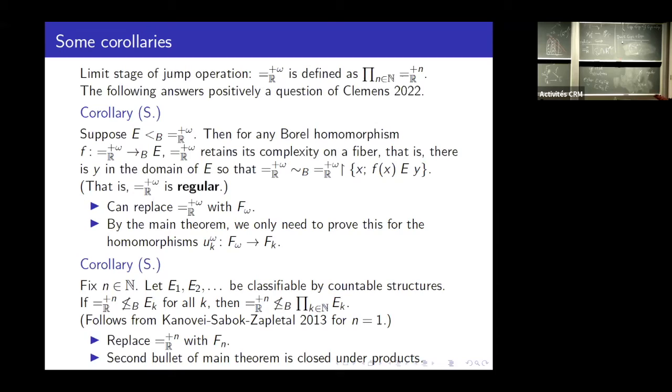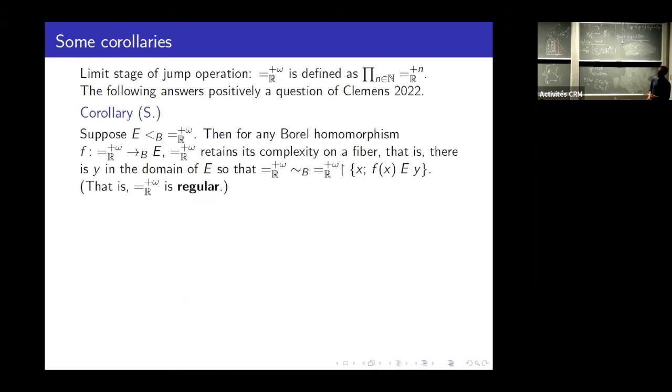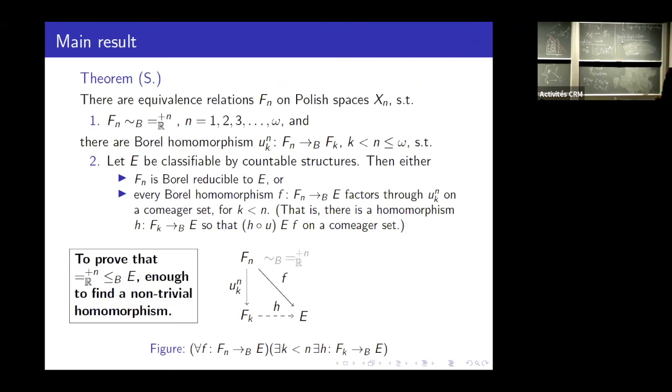So yeah, these are some examples of how you can use these nice structural results. Let me also mention, just to be clear, going back to the theorem, it really is a direct generalization of the Canové-Sabok-Zapletal dichotomy.